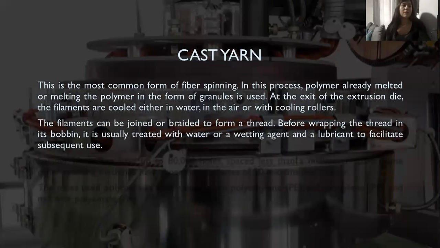The filaments can be joined or braided from there before winding the yarn on its bobbin. It's usually treated with a finishing agent or a weighting agent and lubricant to facilitate subsequent use.